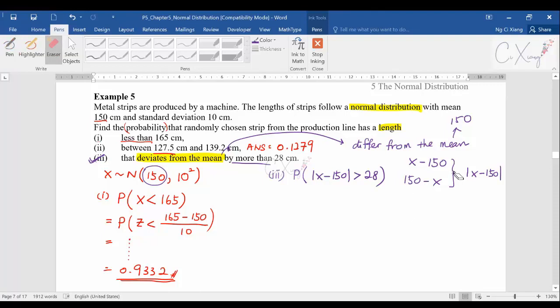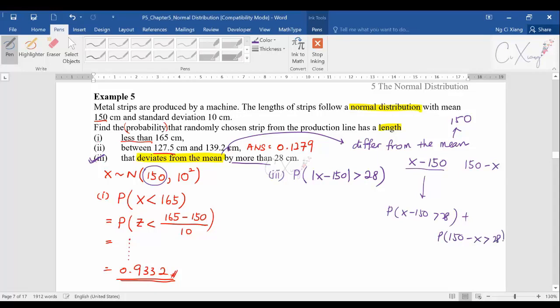Okay, and then some students say, if let's say I actually don't know how to use the modulus sign, can I straight away write it out like this? Because I know that X minus 150 and also 150 minus X apply when we have the words deviates from the mean. So some of them will straight away write out X minus 150 more than 28 plus 150 minus X more than 28.